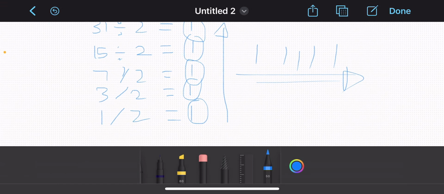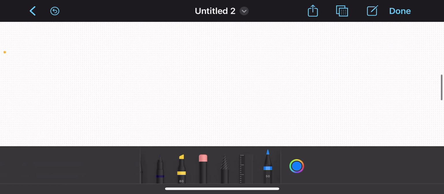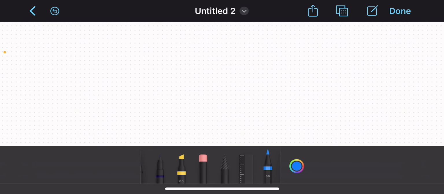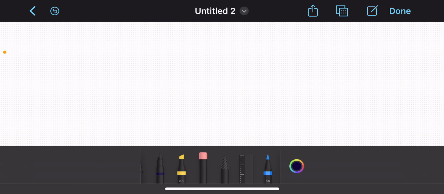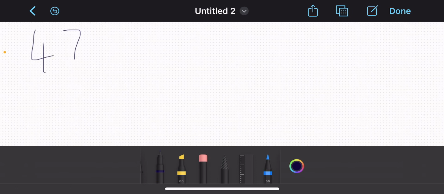We can use a different example, one of the examples that we did before, so that we see that it still leads us to the same answer. Let us convert 47.